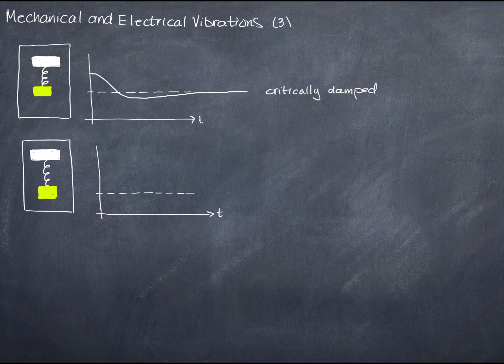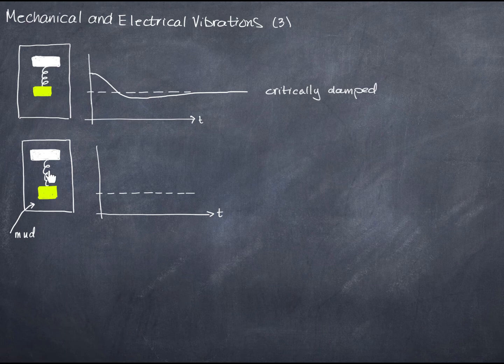Okay, here's our setup again, but this time I'm going to say that we've filled this tank, we've pumped this tank full of mud. Now, for the sake of argument, we're going to say that it's clear mud, that you can see through it, so you can watch the system behavior, but it's mud.